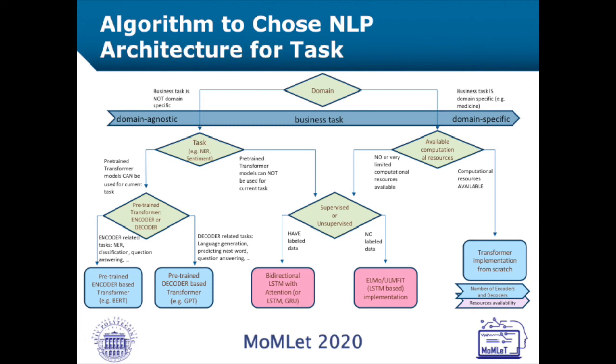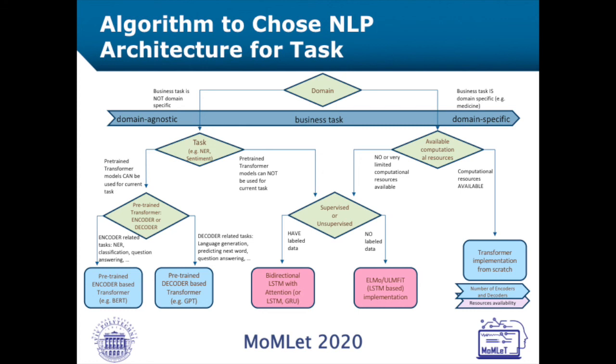Here, the decision would be made on availability of labeled data and availability of resources. The transformer for sure will give better accuracy. On the other hand, if your domain is common, you can leverage great pre-trained transformer-based models. Here, the limitation is whether the pre-trained model can be fine-tuned for your specific task or not.